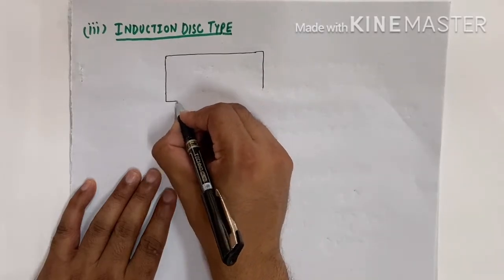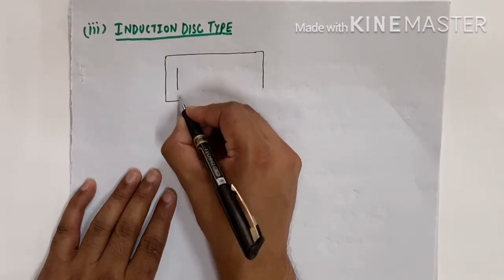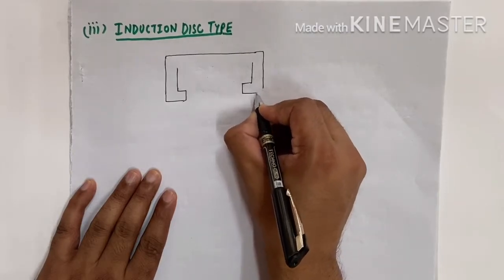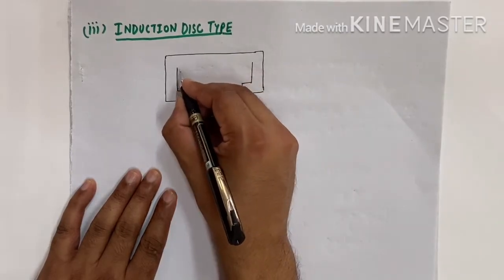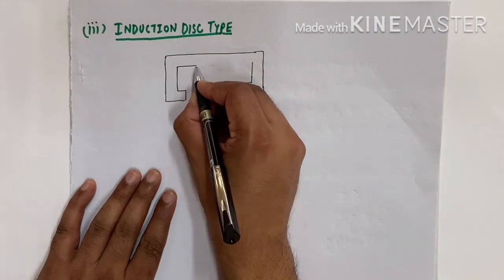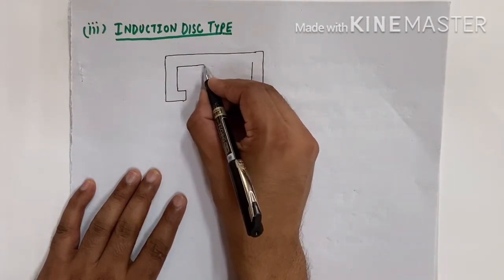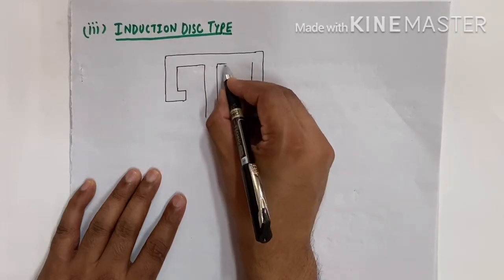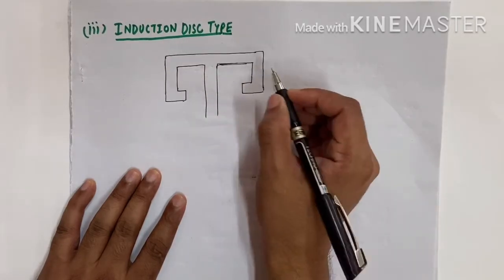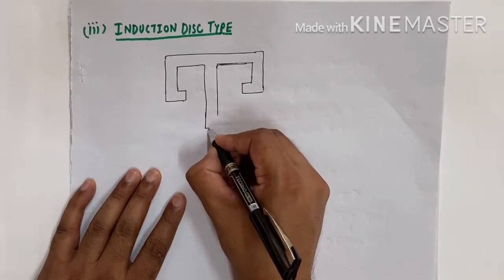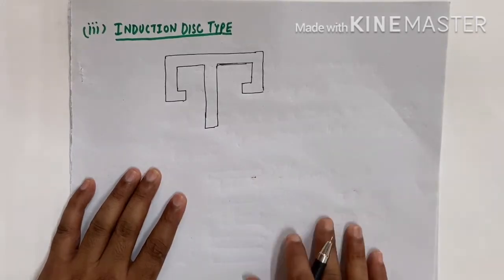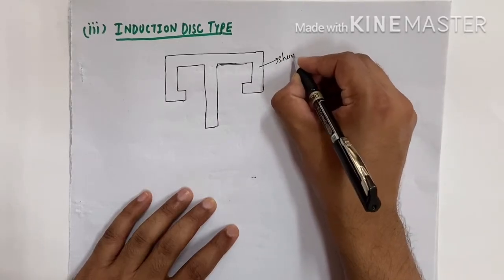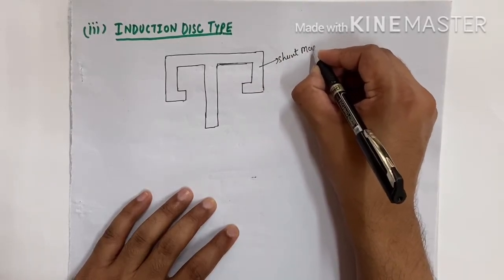This is the shunt magnet. Okay, it is clear.